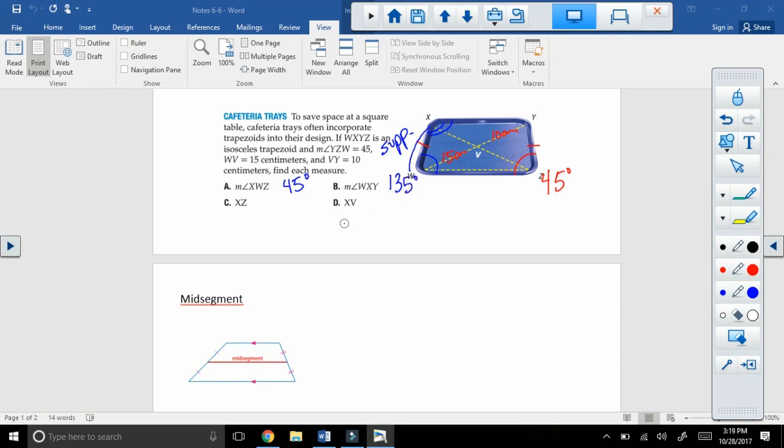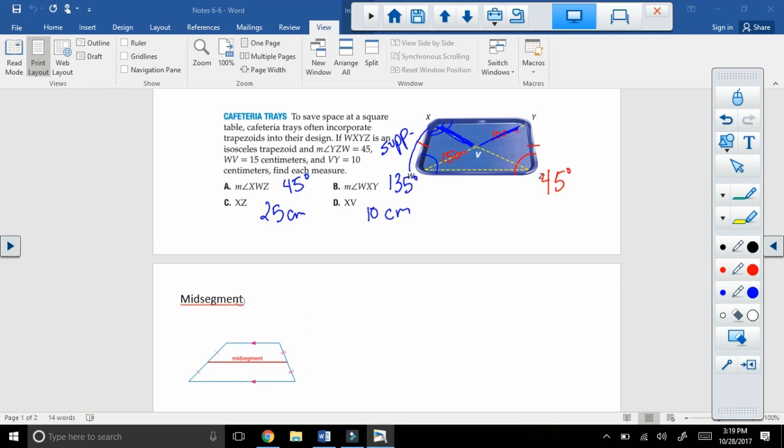For the next one, they want us to find the length of segment XZ, so that whole thing will be 25 centimeters because it will be the same as this diagonal when you add those up. And then the last piece I want to find is XV, so that's this part. Well, that part's going to be the same as that one, so the answer to that would just be 10 centimeters.